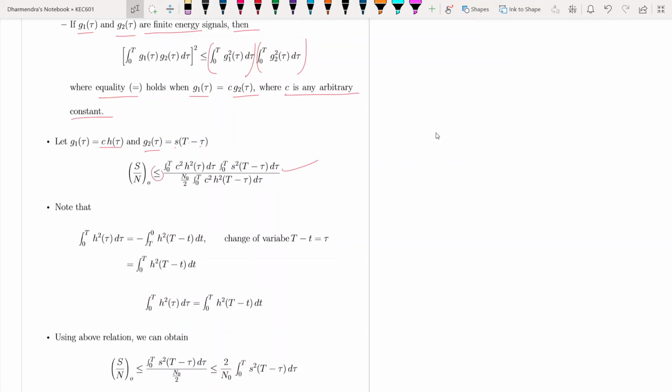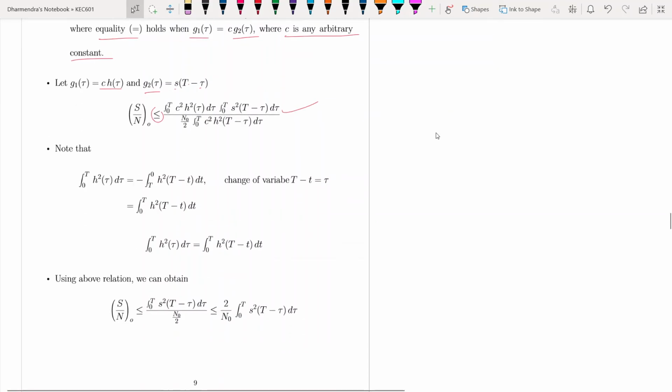Now, note that for this one, 0 to T is the integration of the square of h of tau between 0 and T. Apply the change of variable, assuming that capital T minus small t is tau. So when tau is 0, t will be capital T.